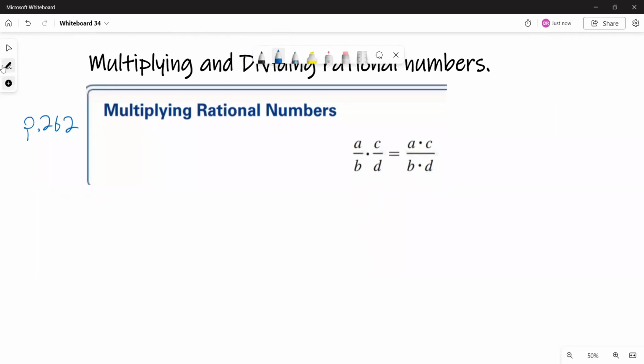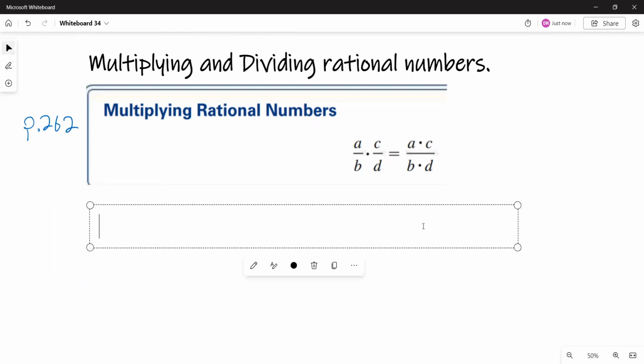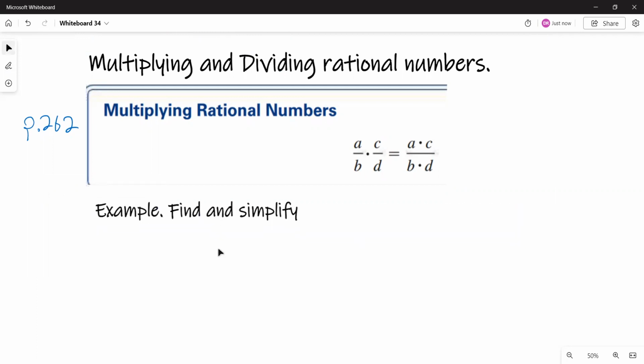So we are going to find and simplify the products. One. 4 over 7 times 7 over 9. Okay, if you want, you can multiply 4 times 7 and 7 times 9.